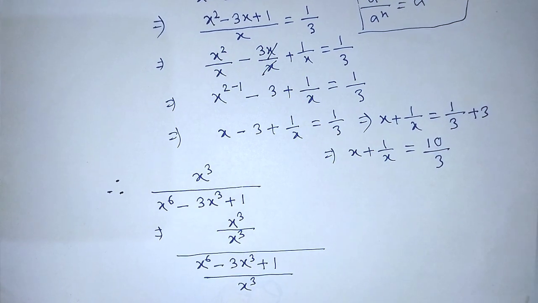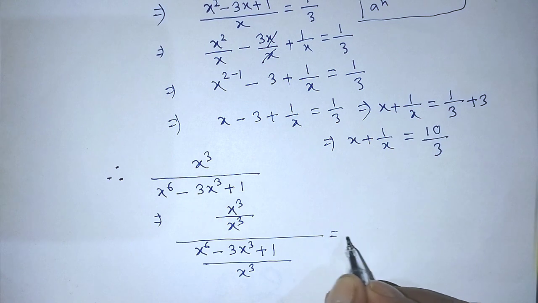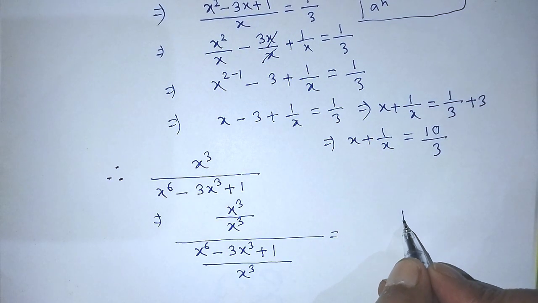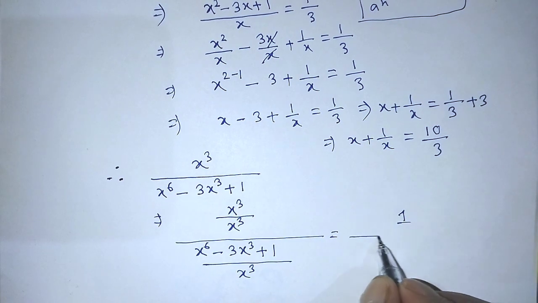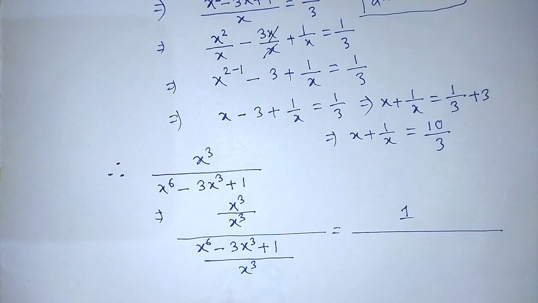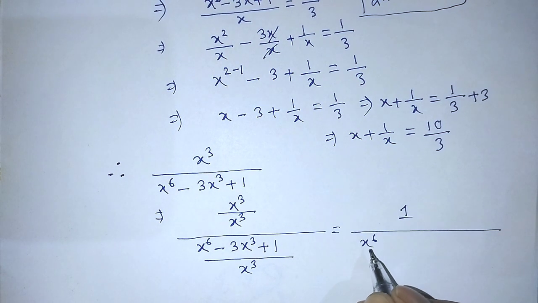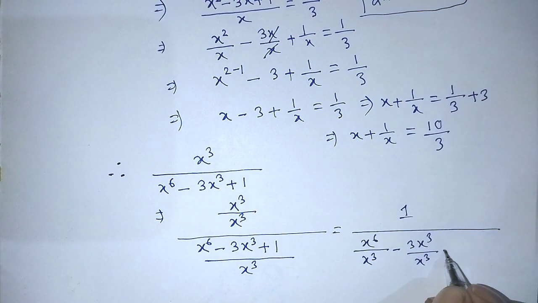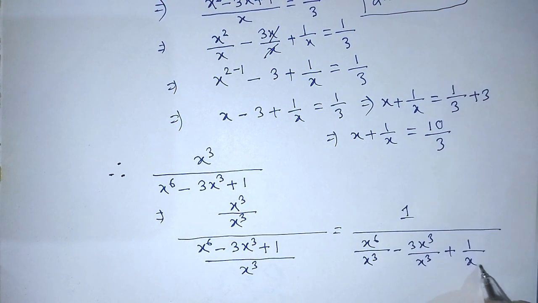Okay, x to the power 3 over x to the power 3 is 1, so we write 1 in the place of the numerator. In the place of the denominator, according to the distributive property, we can write x to the power 6 over x to the power 3 minus 3 into x to the power 3 over x to the power 3 plus 1 over x to the power 3.